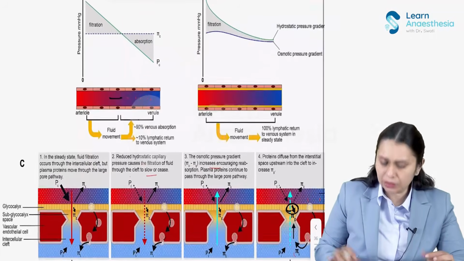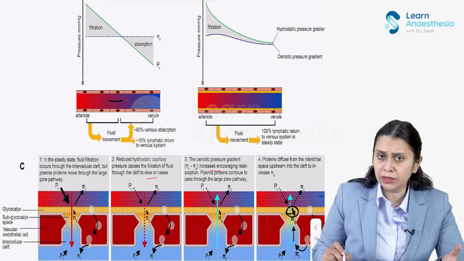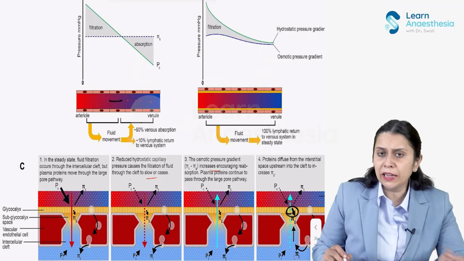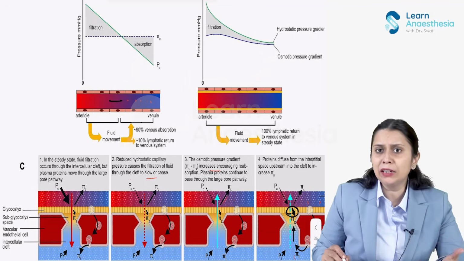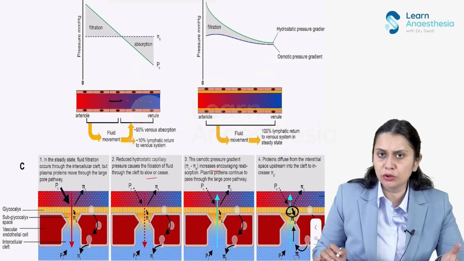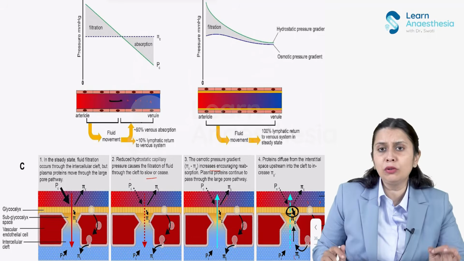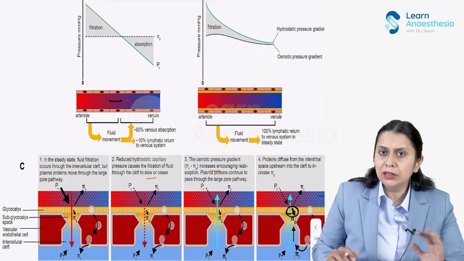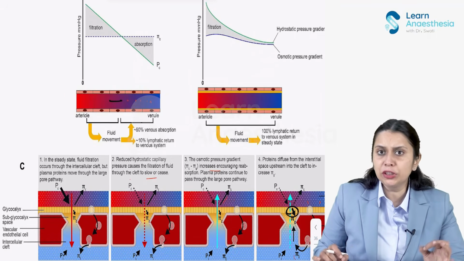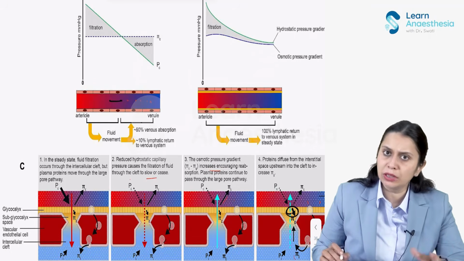The classical Starling hypothesis has one more thing which was said, that only 10% of the interstitial fluid is absorbed by the lymphatic and returned to the main circulation. 90% is again, by the pressure difference, absorbed in the systemic circulation. Now this was also negated, and it was said that the total 100% of the interstitial fluid is returned to the circulation through the lymphatic system.